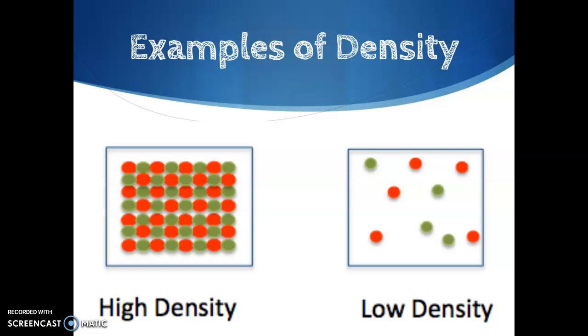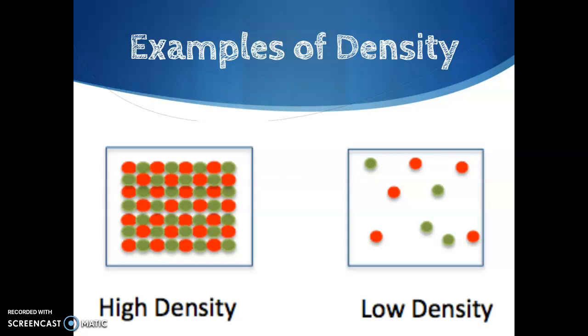On the right-hand side, we still have some of those green and red particles, but there aren't nearly as many of them, okay? So even though these boxes are the same size, they can hold the same volume, the left-hand side, that substance has a higher density because there's more stuff per space, okay? And then on the right-hand side, that's going to have a lower density because there's less stuff per space.